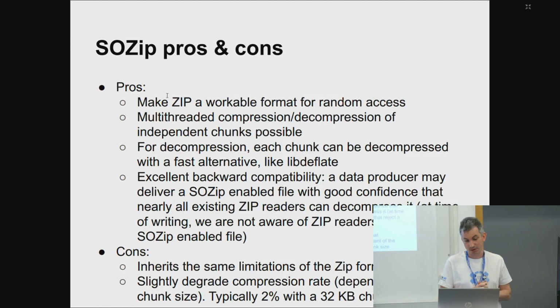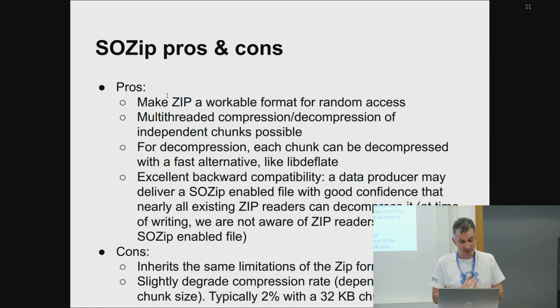And the consequence of that is that each chunk can potentially be decompressed using other implementations at that level. So for example, you have libdeflate, which roughly gives you 2 times performance improvement over that level. So all that combined together can bring performance improvement.